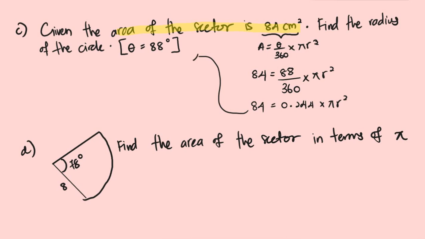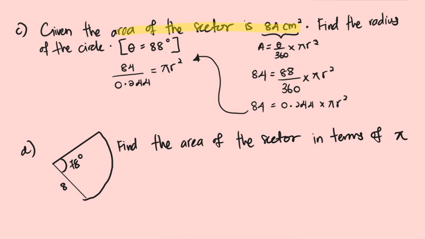All right. I'm just rearranging. Basically, I'm trying to rearrange to make radius the subject. So here I will take 84 divided by 0.244 equals pi r squared.